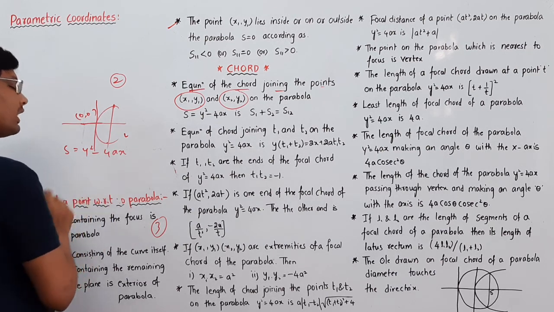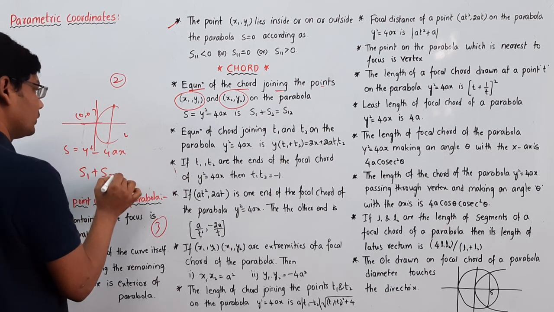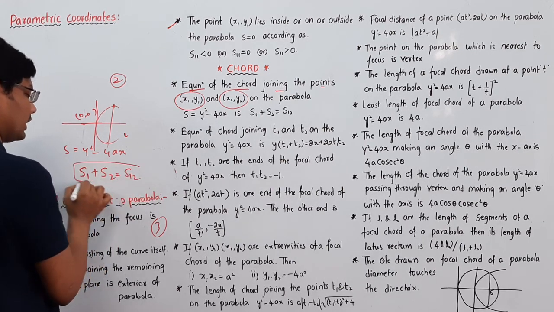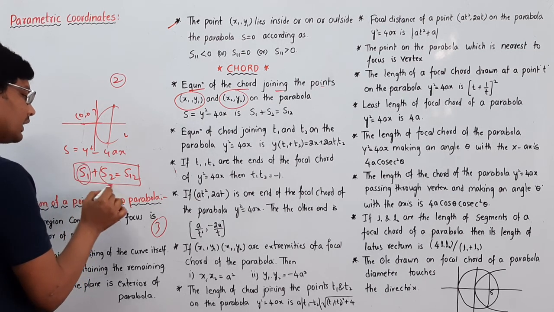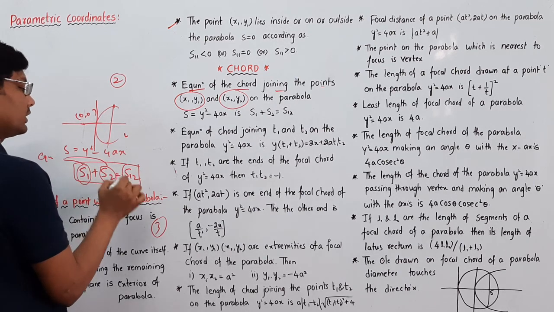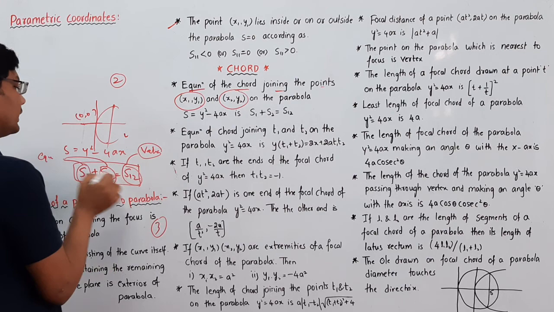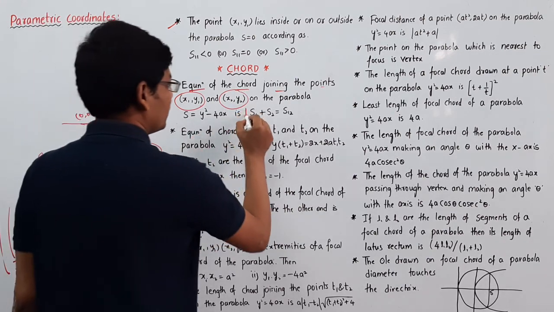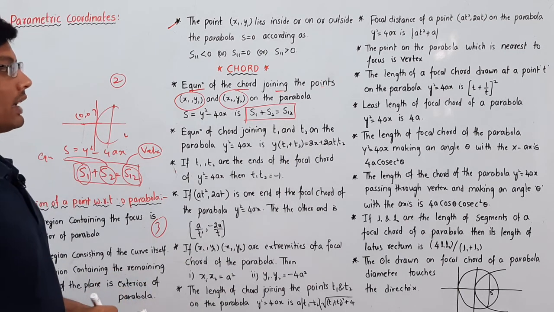Then the equation of the chord is S1 plus S2 equal to S12. First we need to find S1 and then S2. Here these two are equations and this is a value. According to that we can find the equation of the chord passing through the parabola.